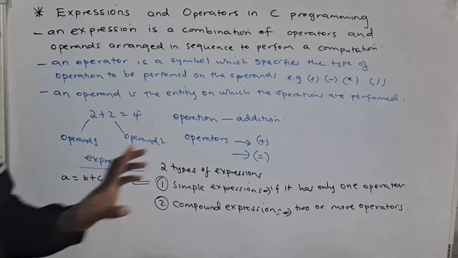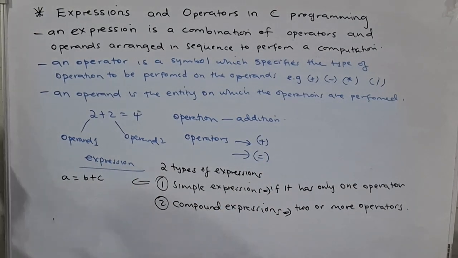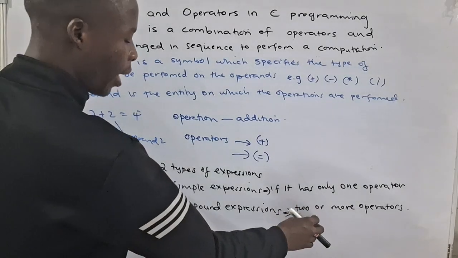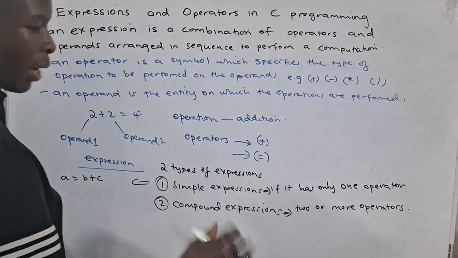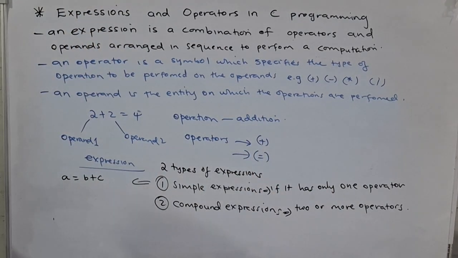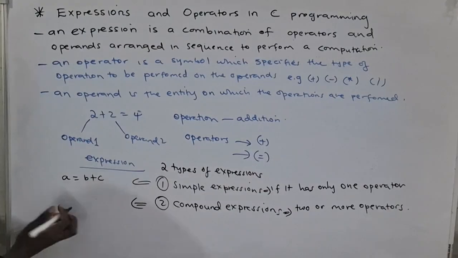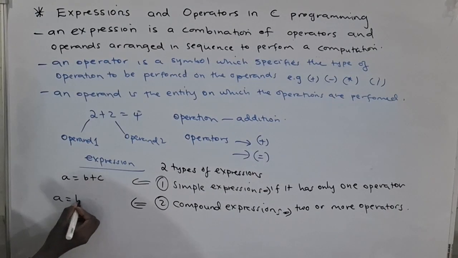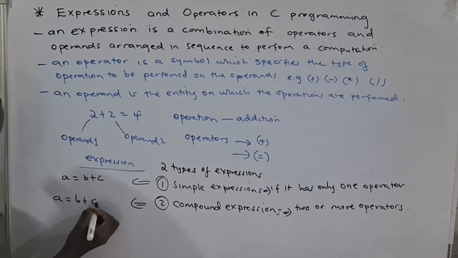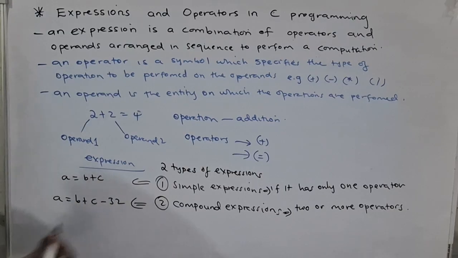Let's move on to a compound expression. I said a compound expression has two or more operators. A good example is A is equal to B plus C minus 32. How many operators are there?